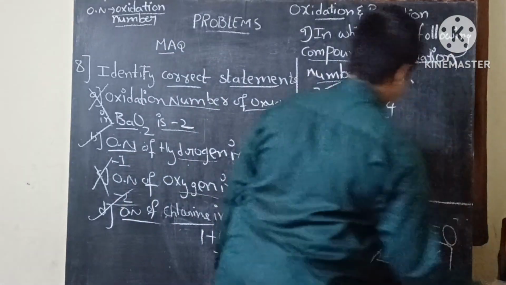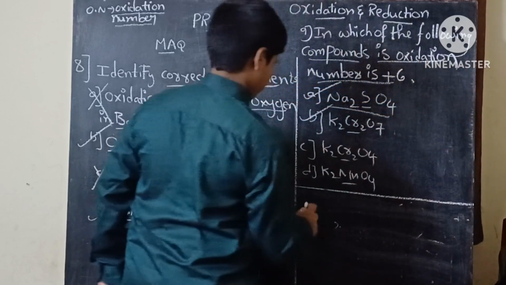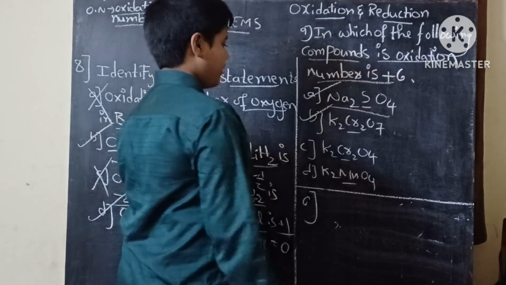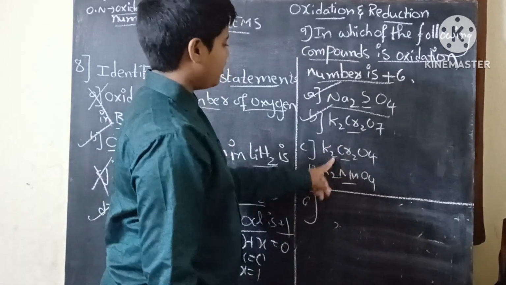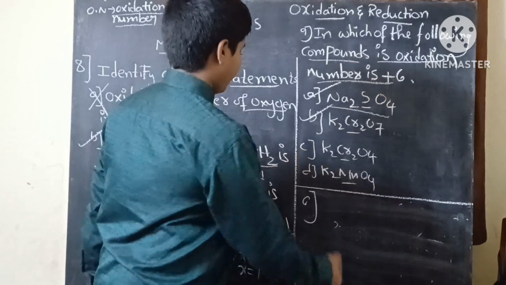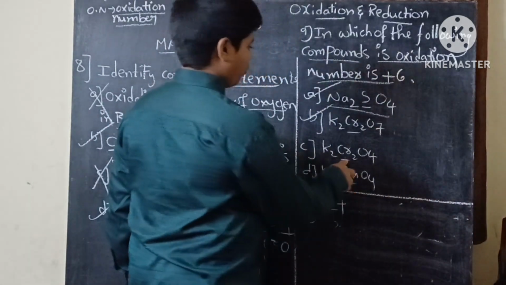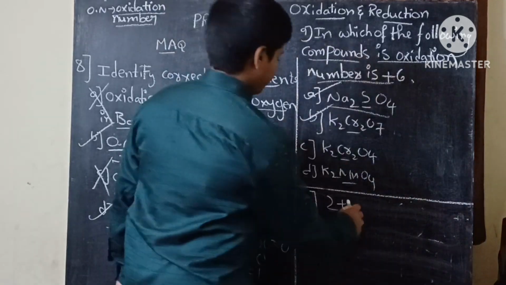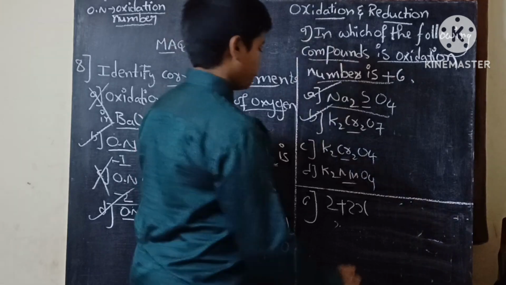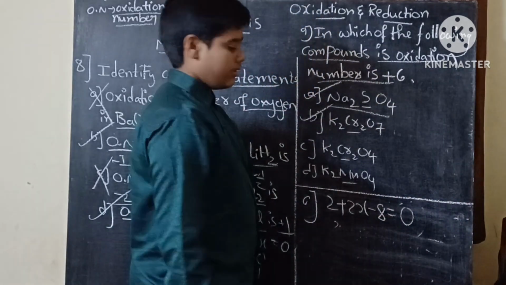Option C, K2Cr2O4. Here K2Cr2O4 means the same question but the oxygens are different. For K2, 2 is the oxidation number, so 2 plus, 2 chromium atoms are there, 2x. For 1 oxygen minus 2, so minus 2 into 4, minus 8 equals 0.